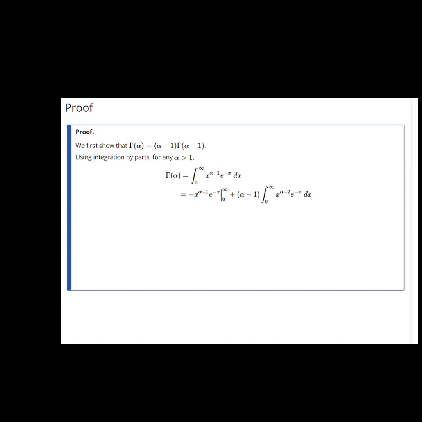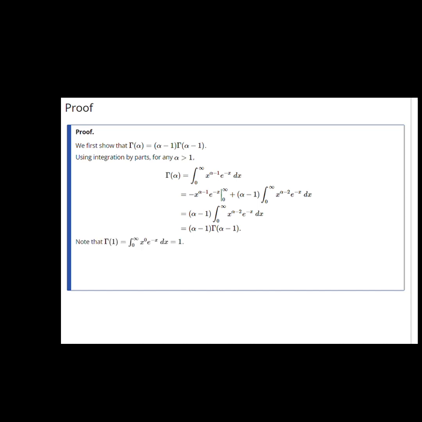You'll notice that the second term here involves the gamma function corresponding to alpha minus 1. So this equation becomes alpha minus 1 times gamma of alpha minus 1. The first term evaluates, as it turns out, to 0.